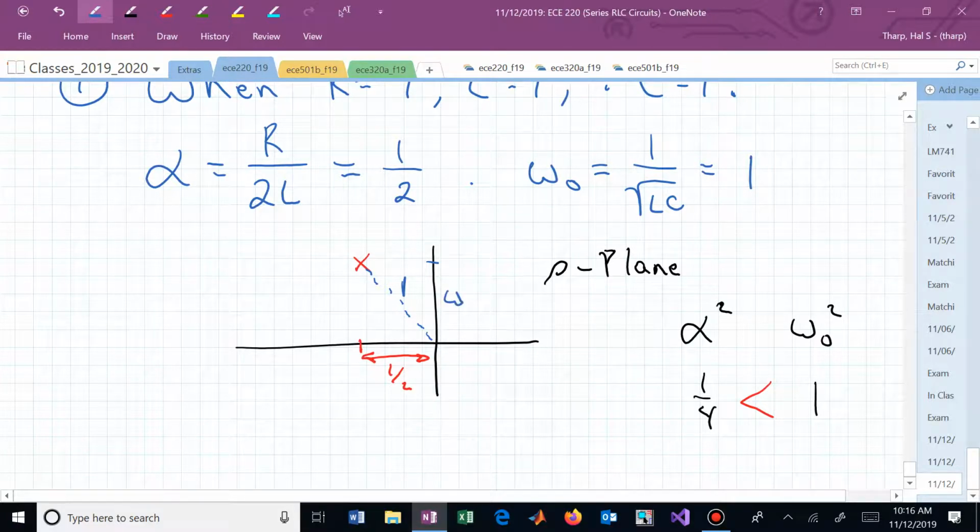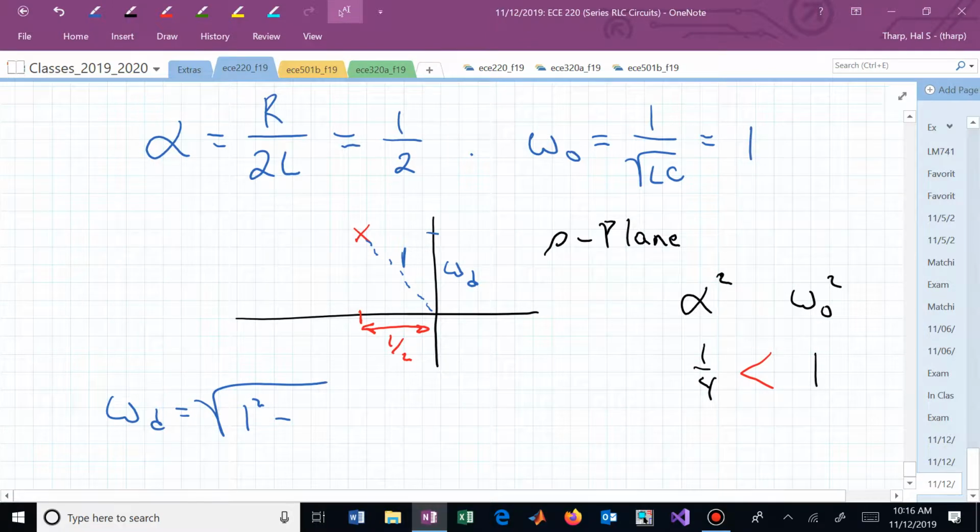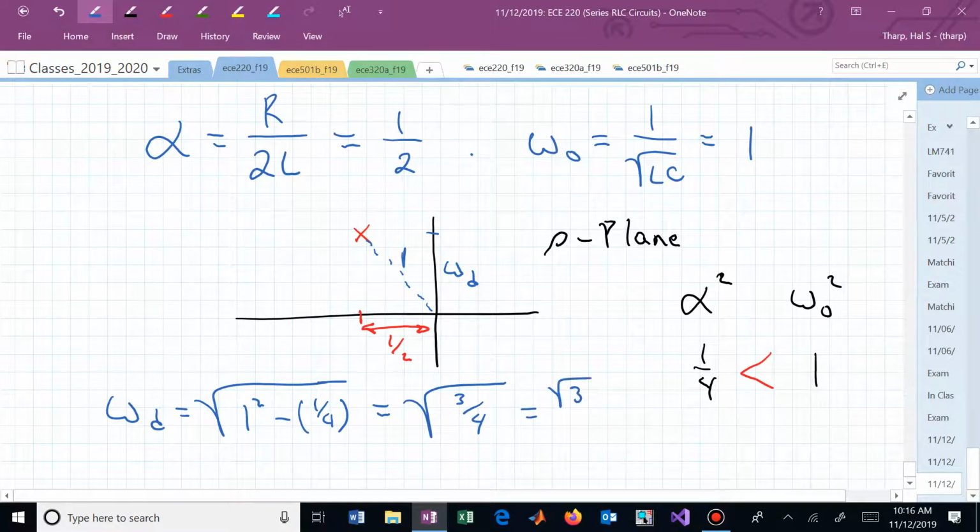That's omega sub d. Omega sub d is the square root of 1 squared minus alpha squared, or this is now the square root of 3/4, or the square root of 3 over 2. About 0.86.